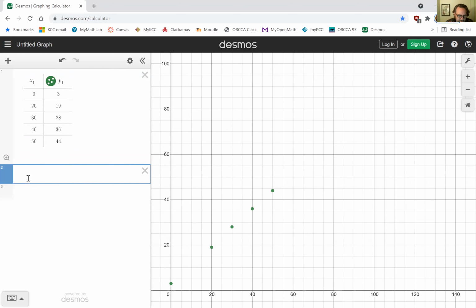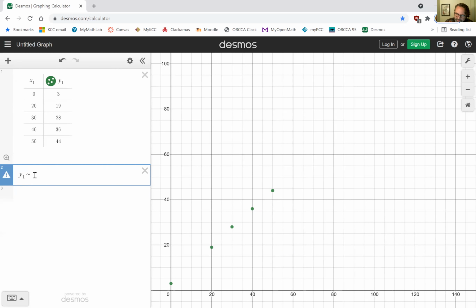So I'm going to use the variables y1 and x1 that I see in the table. So I'll just type y1, and Desmos knows to make that a subscript. And then I'm going to use the tilde that's way up in the left of your keyboard there.